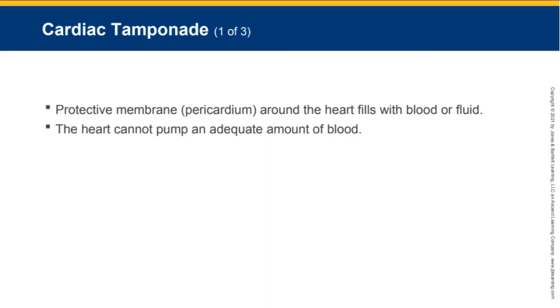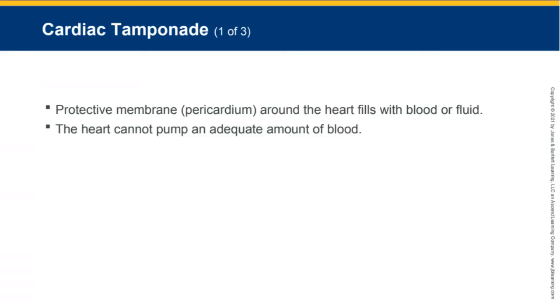Now, what can happen is the membrane can rupture and bleeding starts to occur in the pericardial sac and compress the heart. When that occurs, that is called a cardiac tamponade.